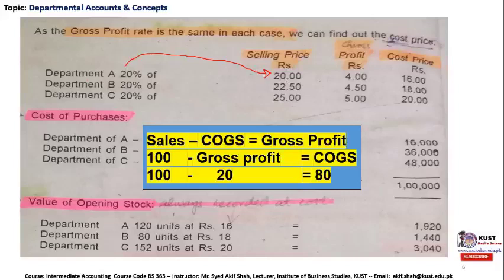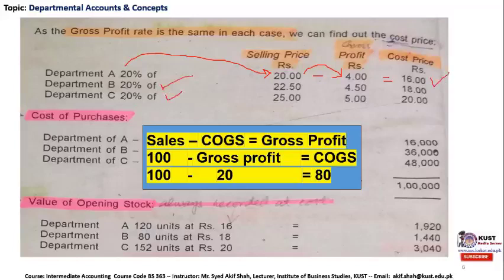After multiplying 20% with 20 rupees, we come up that the gross profit of this department is rupees 4. So sales price minus gross profit gives you per unit cost, which is 16 rupees in department A. Similarly done for department B and for department C.